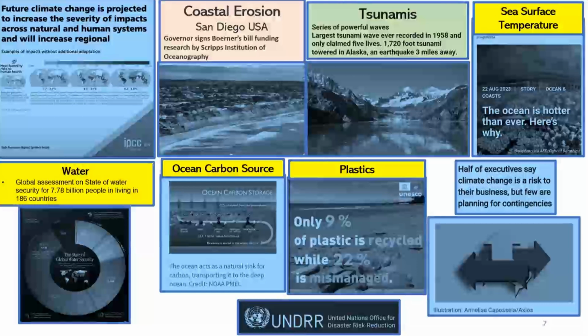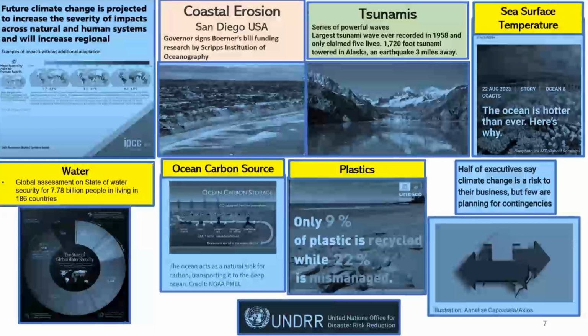SST, sea surface temperature, is really increasing. The WMO has brought out the climate change status report 2022. And even recently, in May and June, the land temperature as well as the sea temperature has increased phenomenally. Even at high altitude, the zero degree level has gone up to more than 5,000 meters. And there is a big scarcity of water, and the water status report talks about the crisis. More than 7.7 billion people are going to be affected, and many of them live along the coast.